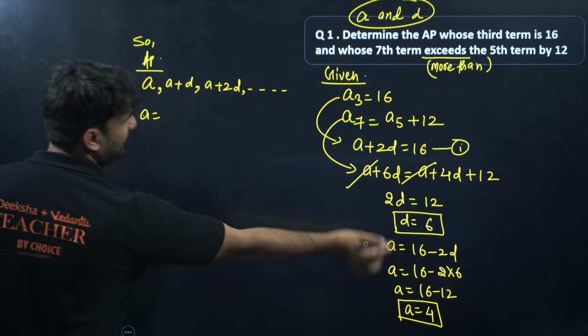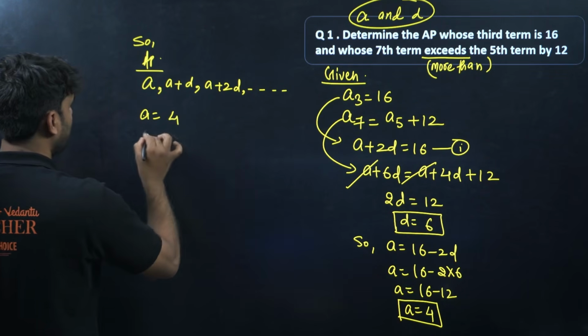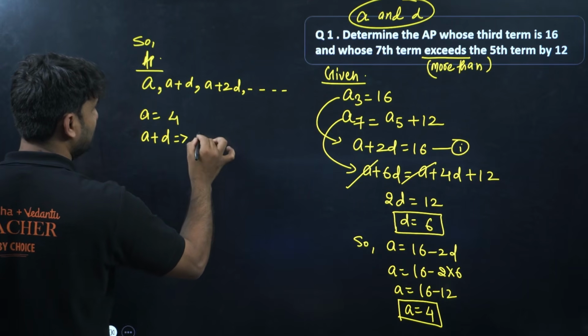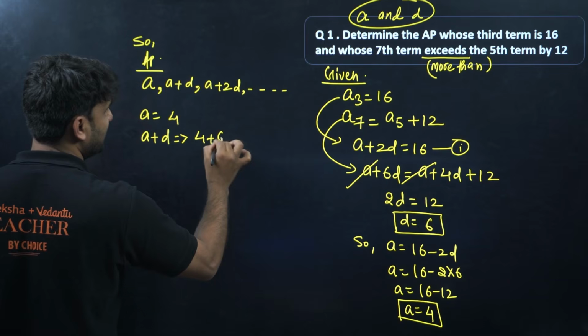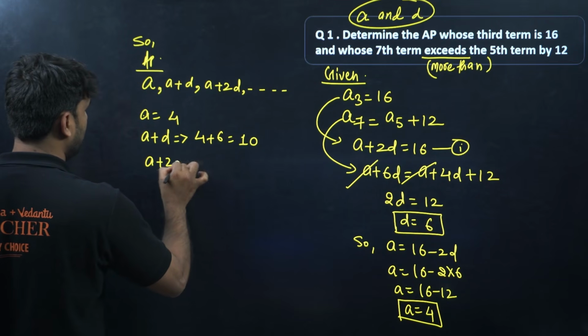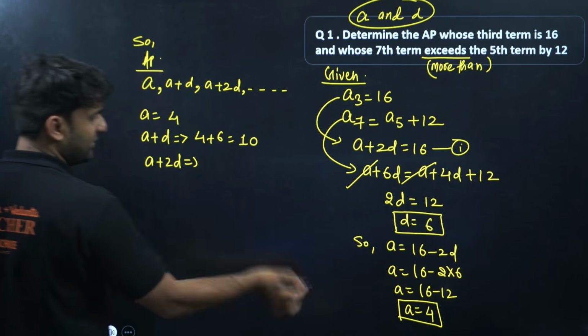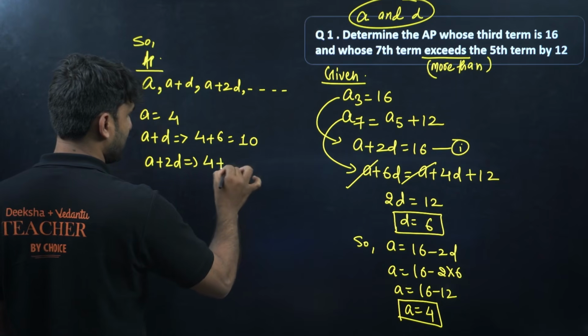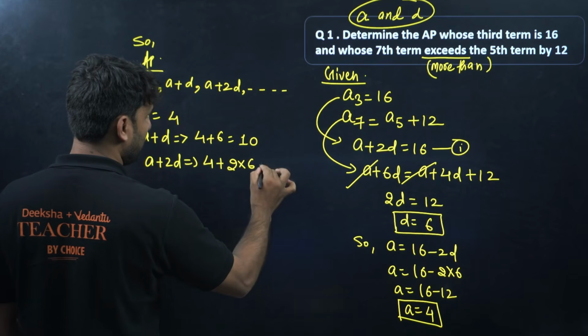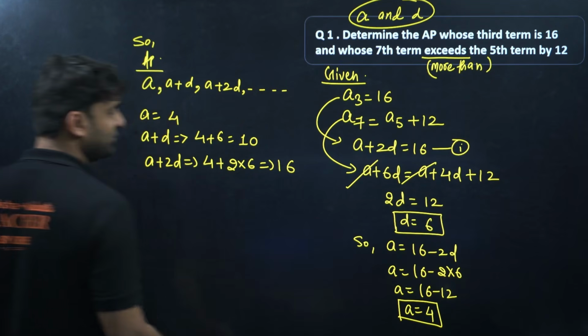Guys, A we have directly 4, so A will be 4. What will be A plus D, guys? We have A as 4 and D as 6, so this will be equal to 10. Now what will be A plus 2D? A is 4, 2 into D is 2 into 6, so 12, and 12 plus 4 will be 16, and so on.